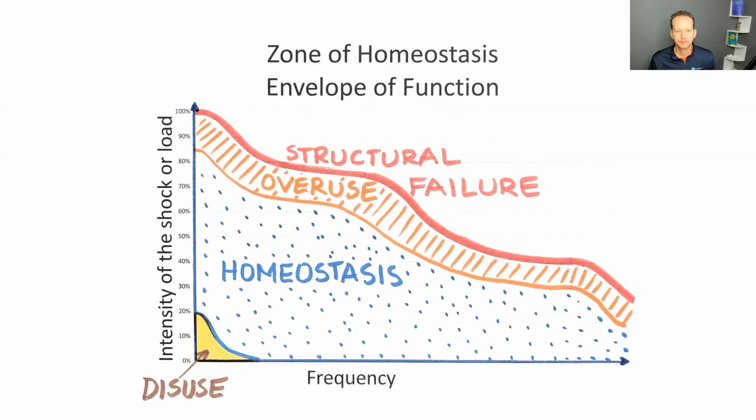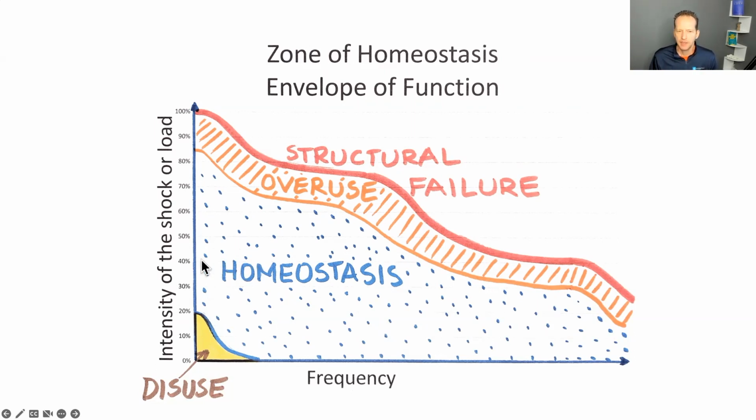Now, this is an easy model when you think of a static one-time moment, but in truth, this zone of homeostasis is fluctuating, is moving. So let's say normally walking is maybe 40% of shock or 30% of shock, something moderate to mild.